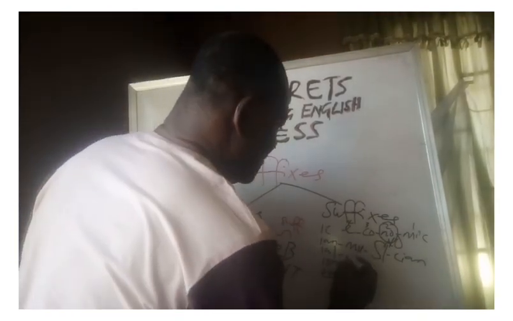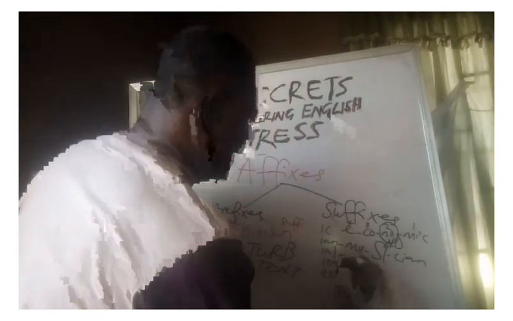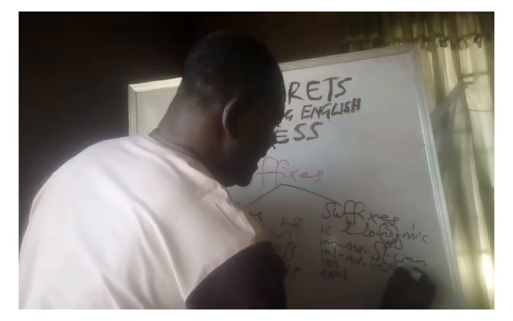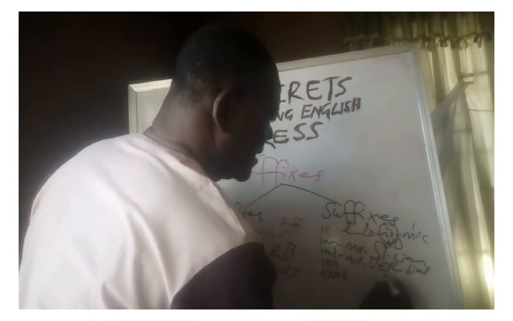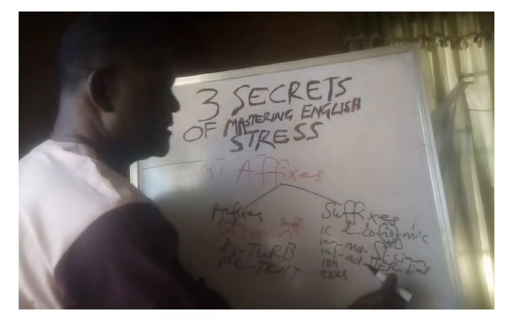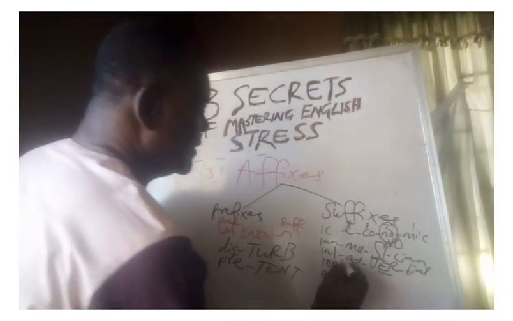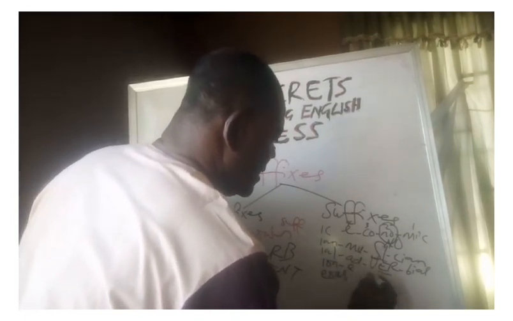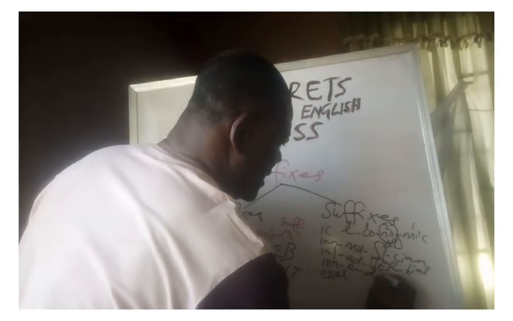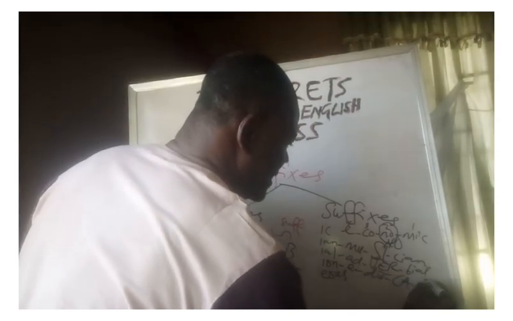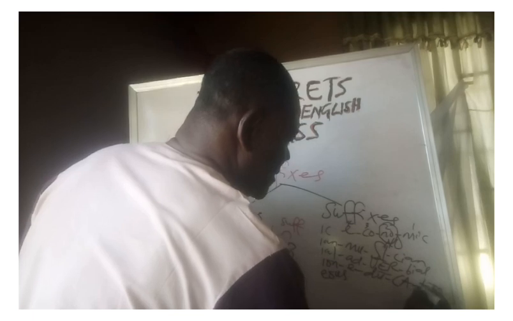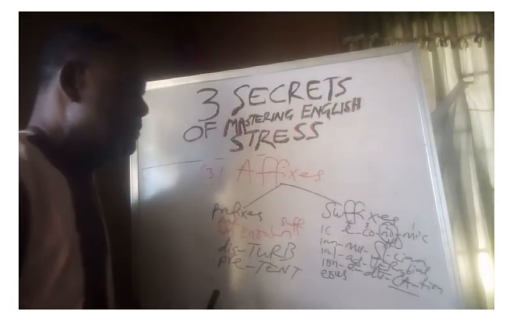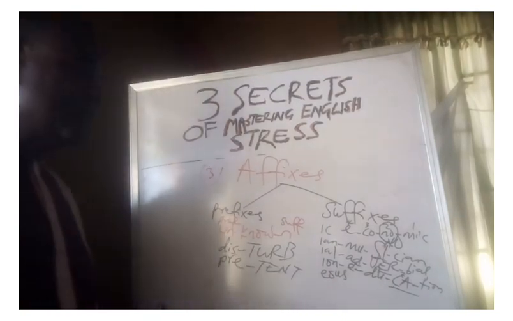Now if you have a word like "adverbial", you can see the stress is always second from the end. Then you have the word "education": 1, 2, 3, 4. Always the second to the end of the word.